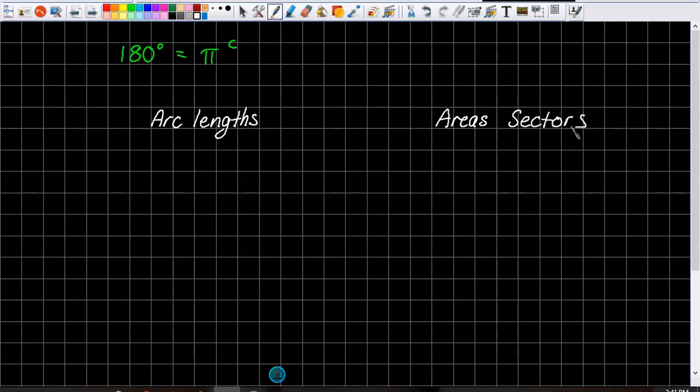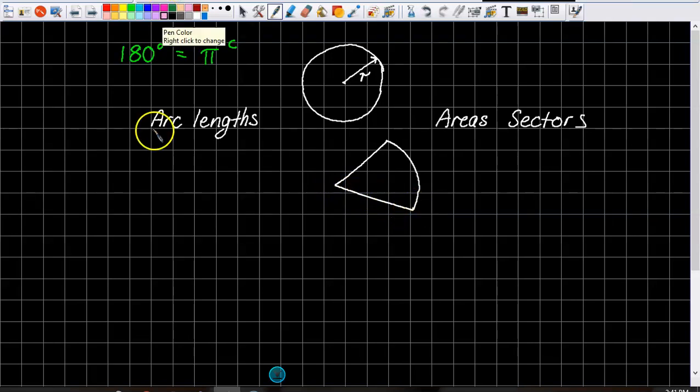So when we have a nice circle, they're going to ask you to maybe find part of that circle, right? So this arc length, they might say, please find that.